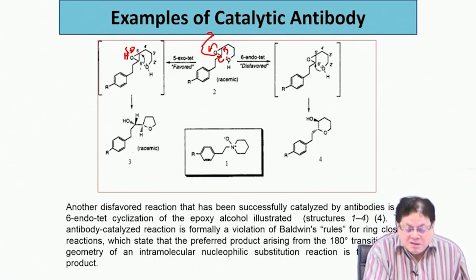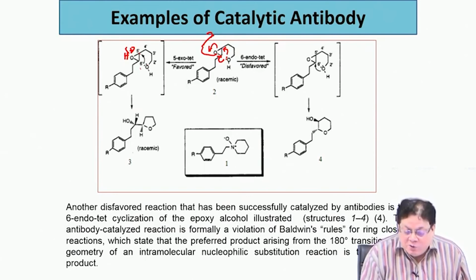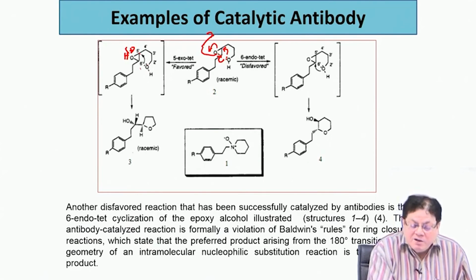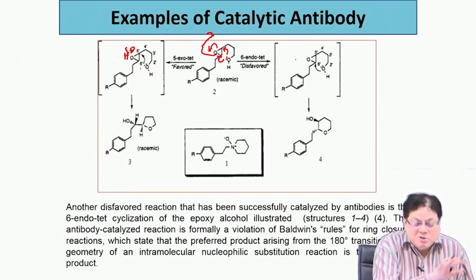The other possibility where the lone pair attacks this carbon, now this bond containing the epoxide becomes a part of the ring. So, this will be called endo, but again you are attacking a tetrahedral carbon, and as you are making a 6-membered ring, this is called 6-endo-tet. So, this is the 6-endo-tet product, this is the 5-exo-tet product.